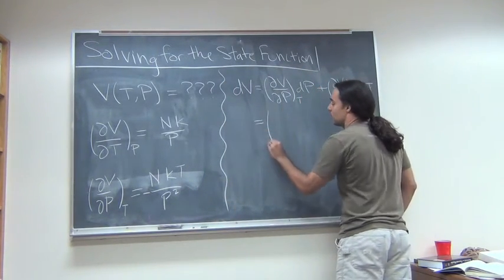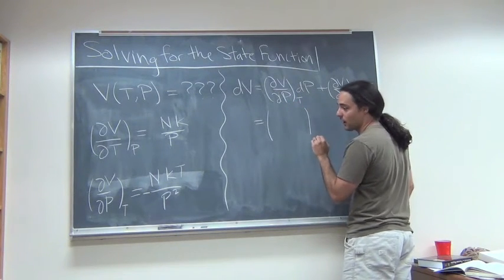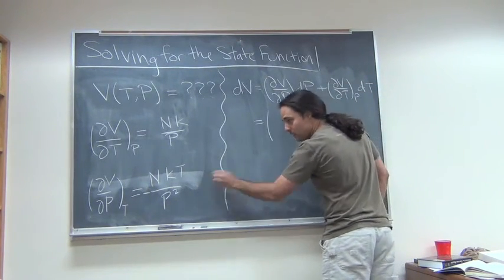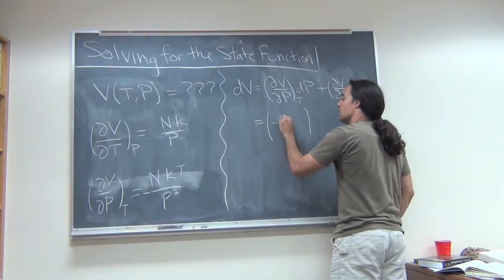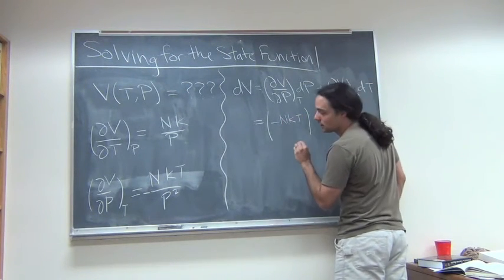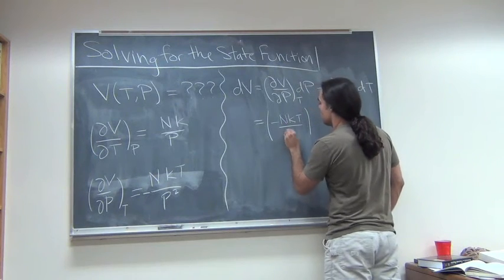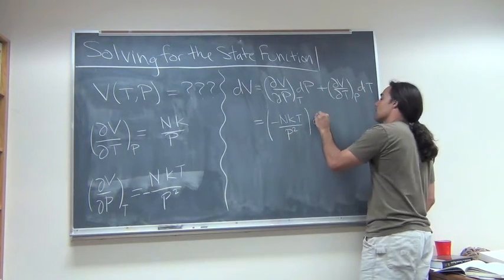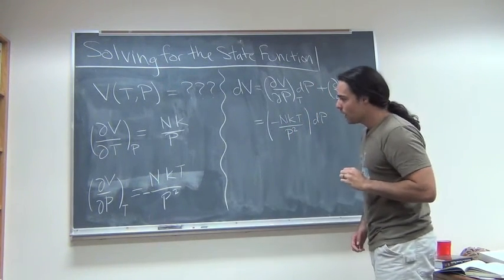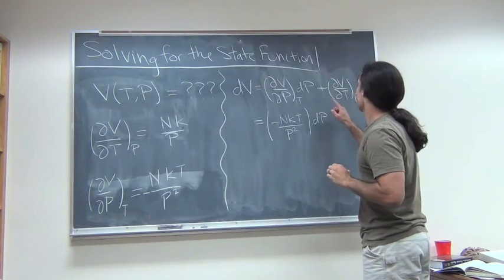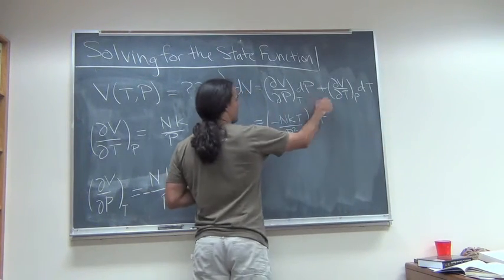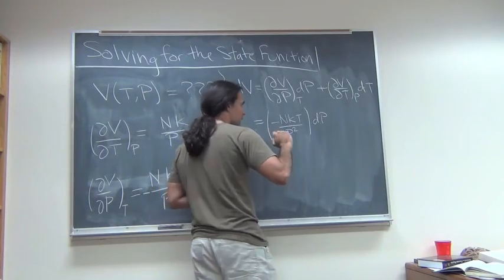Let's just plug in for dV dP at constant T. dV dP at constant T is minus NkT divided by P squared. Still have a dP over here. And I can also plug in for dV dT.